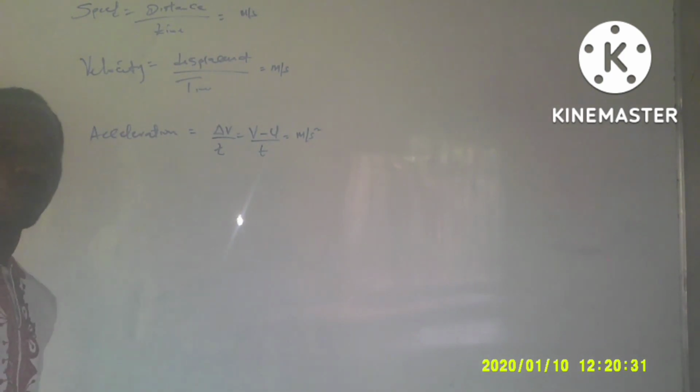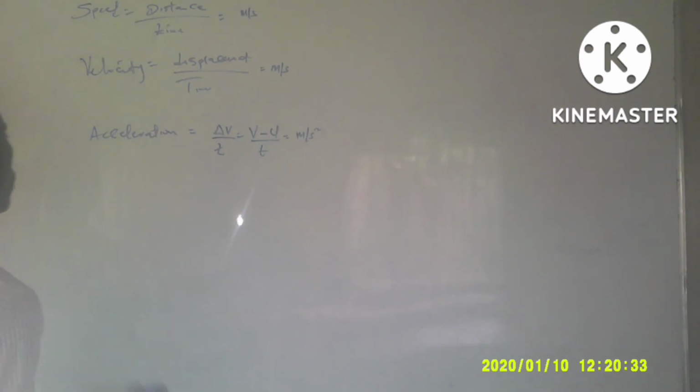So we want to prove the three equations of motion. We start from acceleration. a represents acceleration, which is final velocity minus initial velocity all over time. Let's cross multiply.